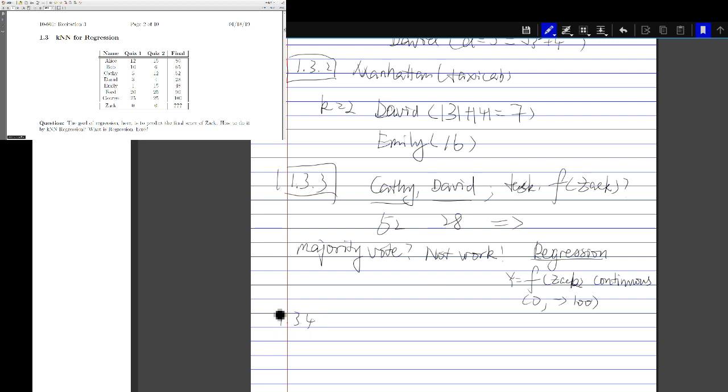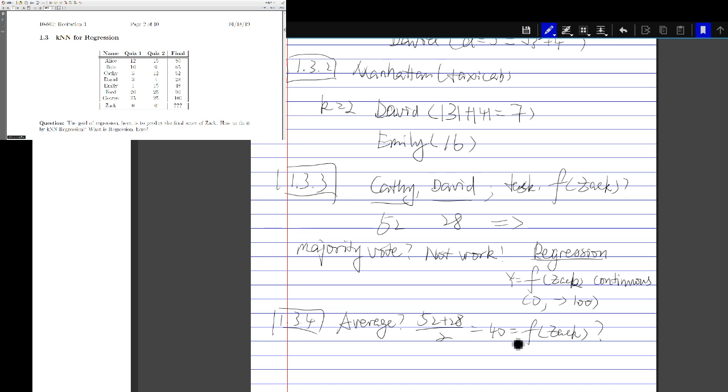Now 1.3.4 proposes another possibility. Well, how about we take the average? So in this case, we're going to predict the final grade for Zach will be 40. Okay, how does this sound? Well, it looks pretty reasonable. In the sense that first, this thing is between 0 and 100.